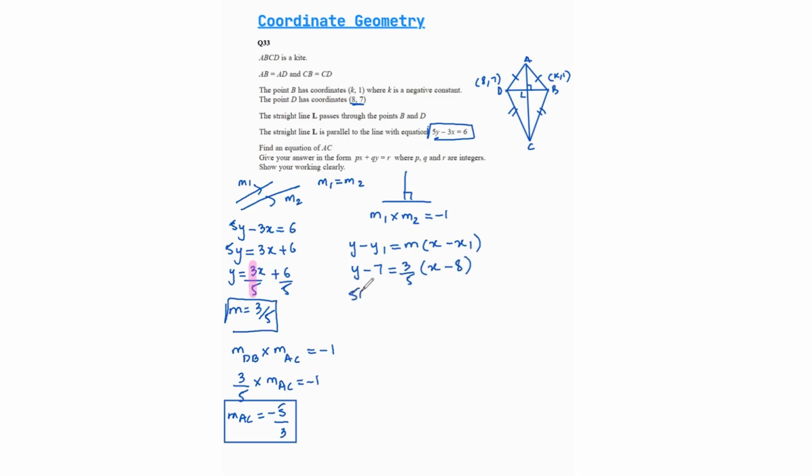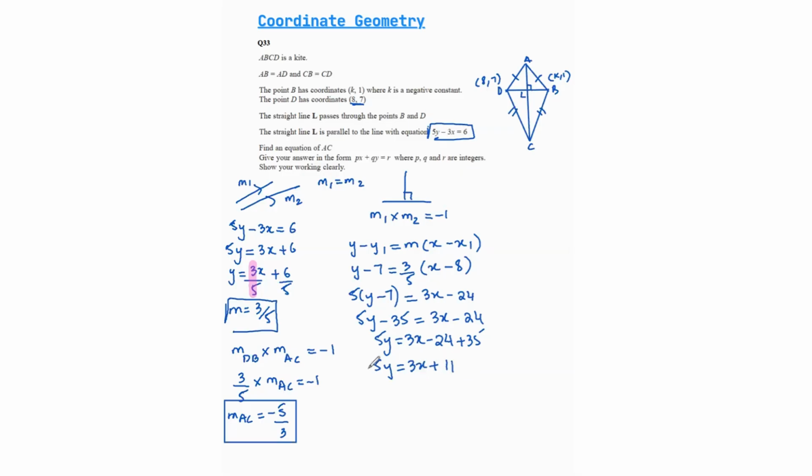Cross multiply: 5 times y minus 7 equals 3x minus 24. Expand the bracket: 5y minus 35 equals 3x minus 24. 5y equals 3x minus 24 plus 35, which is 3x plus 11.